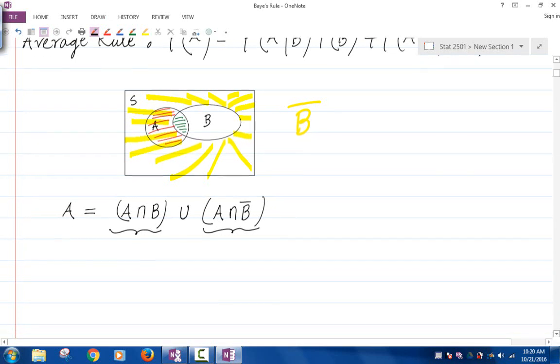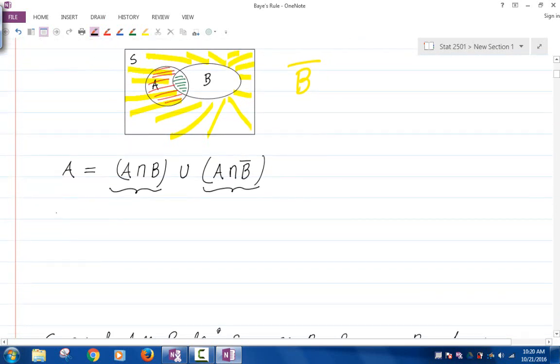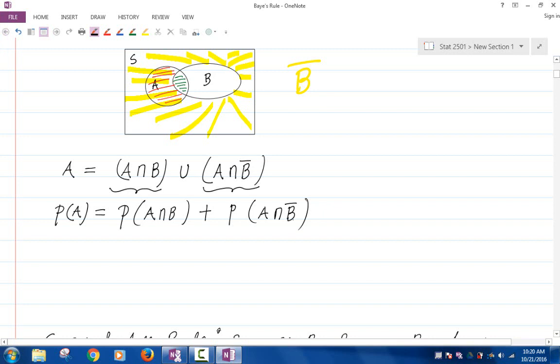So therefore I can say that the probability of A is the same as the probability of A intersect B plus the probability of A intersect B complement. I could do this because the two events in the union are disjoint or mutually exclusive.